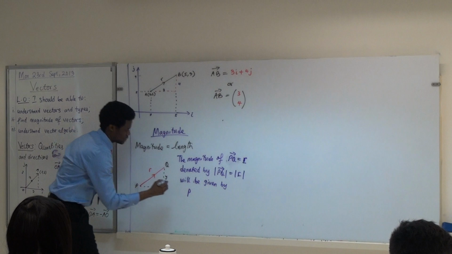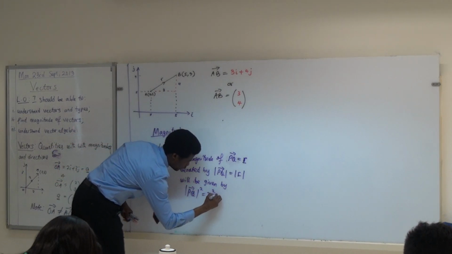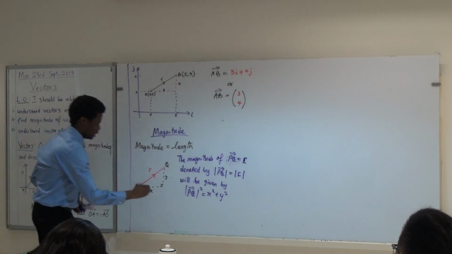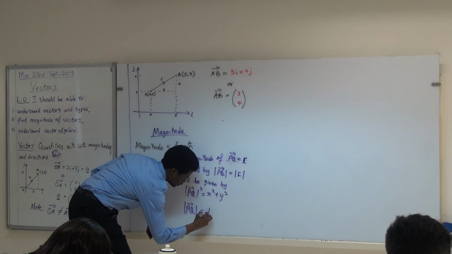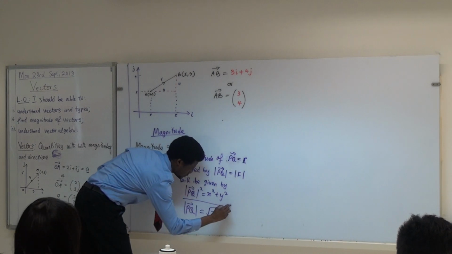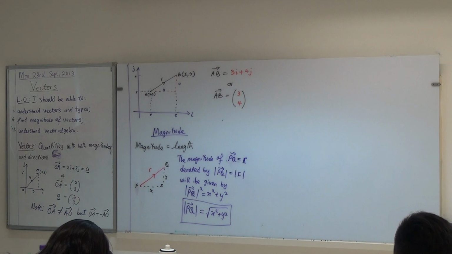When you use Pythagoras theorem, PQ squared will be x squared plus y squared. So if you want to get the magnitude itself, all you have to do is take the square root of the sum of the squares. That will give you the length of the vector.